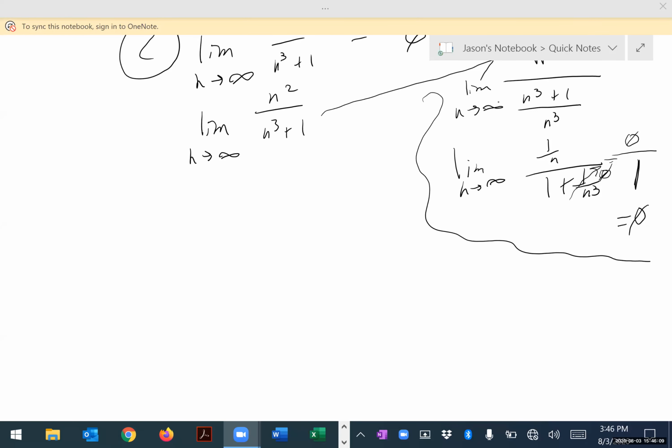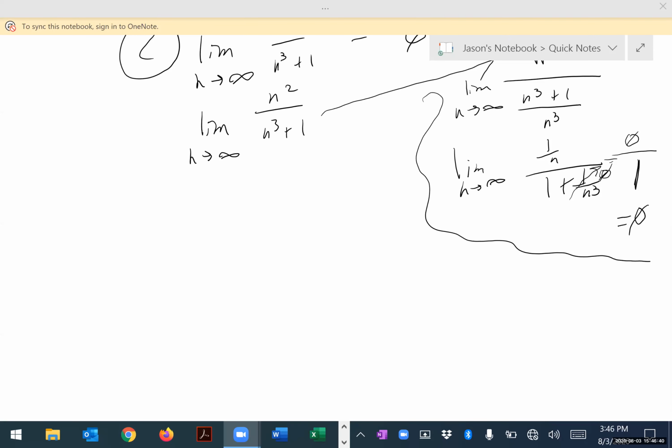The denominator has a higher power than the numerator. Yes, so intuitively you would think that eventually this thing's going to go to 0, right? But we have to contend with this extra 1 here that's kind of gumming up the algebraic works.